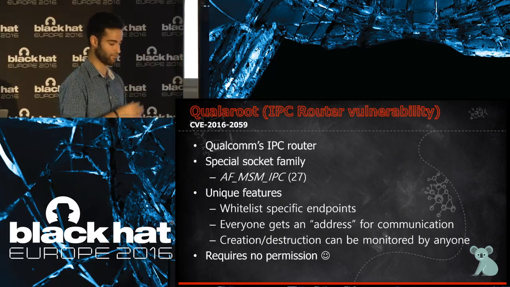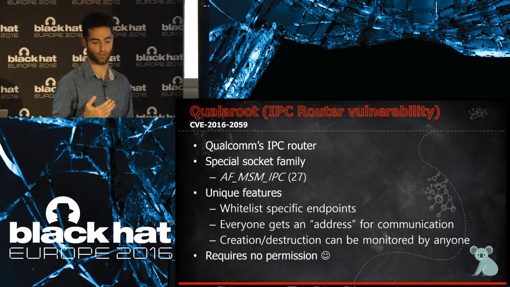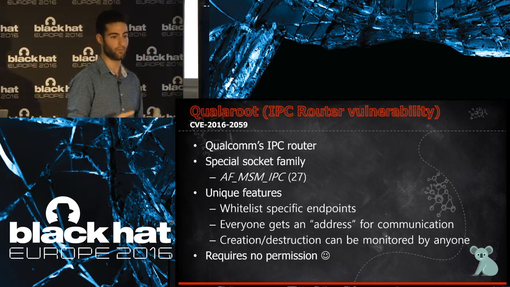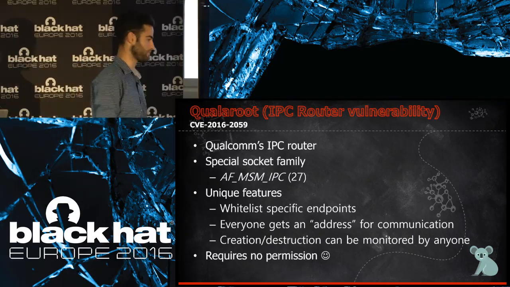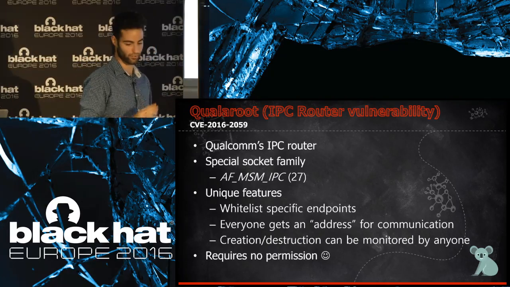First, for example, you can whitelist or blacklist sockets based on group IDs, which is very interesting if you want to prevent unprivileged processes from talking to you. And another feature that we're going to go deep and see is monitoring the system.